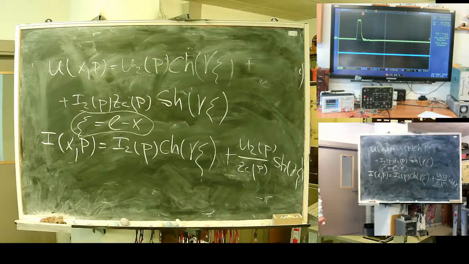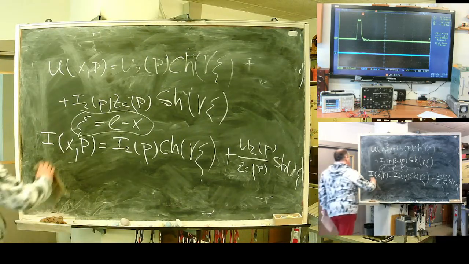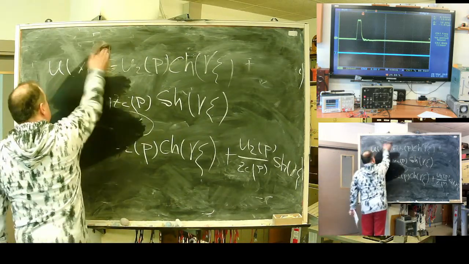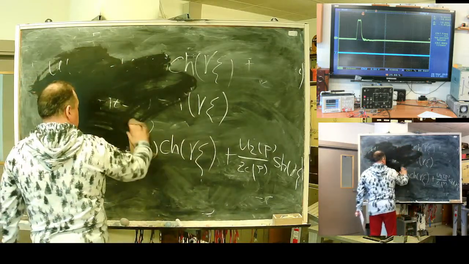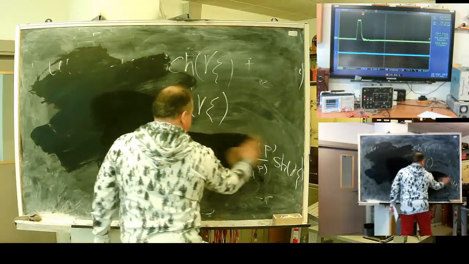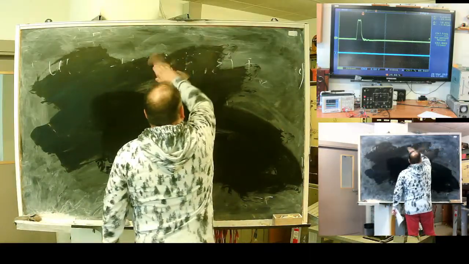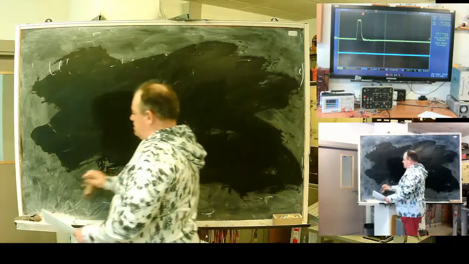The easiest mode is when a line is loaded with resistance equal to its wave resistance.